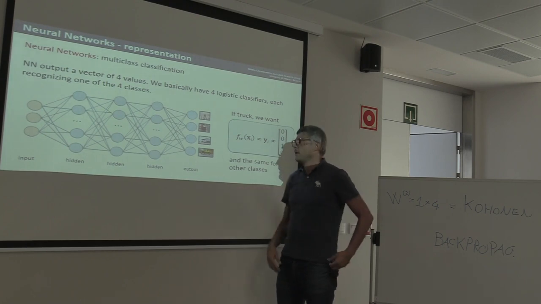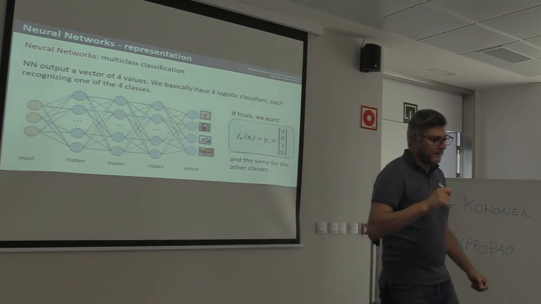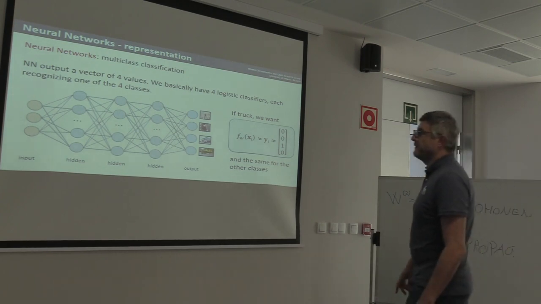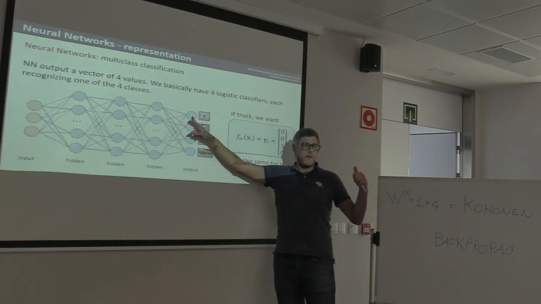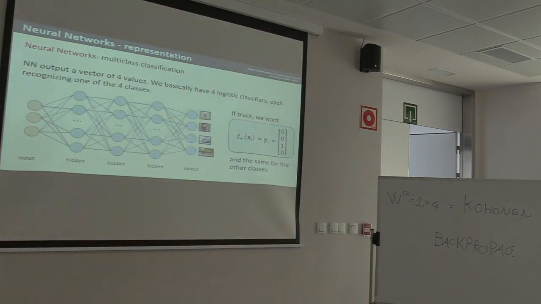Now, I said to you that classes are labeled as 0 or 1, right? And I said to you that as output from the network, we get some predicted values, which are the result of the logistic function, values in between 0 and 1.